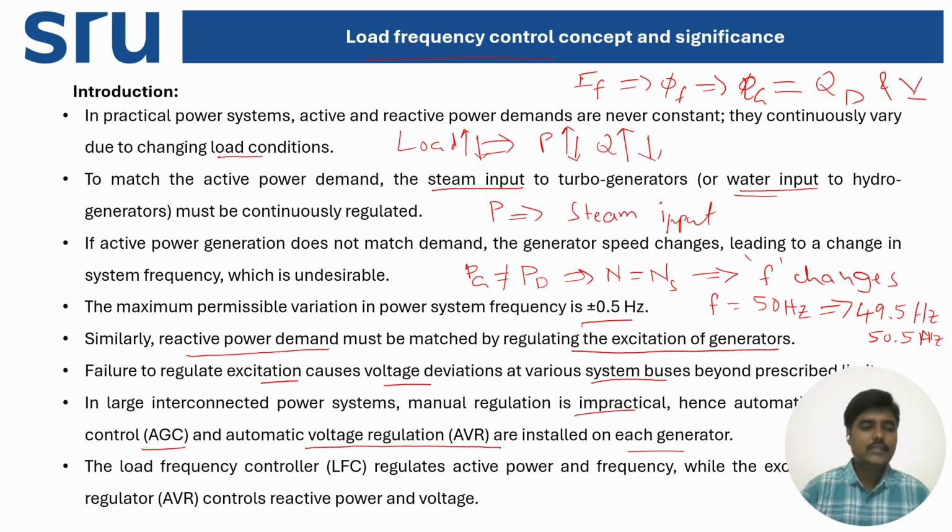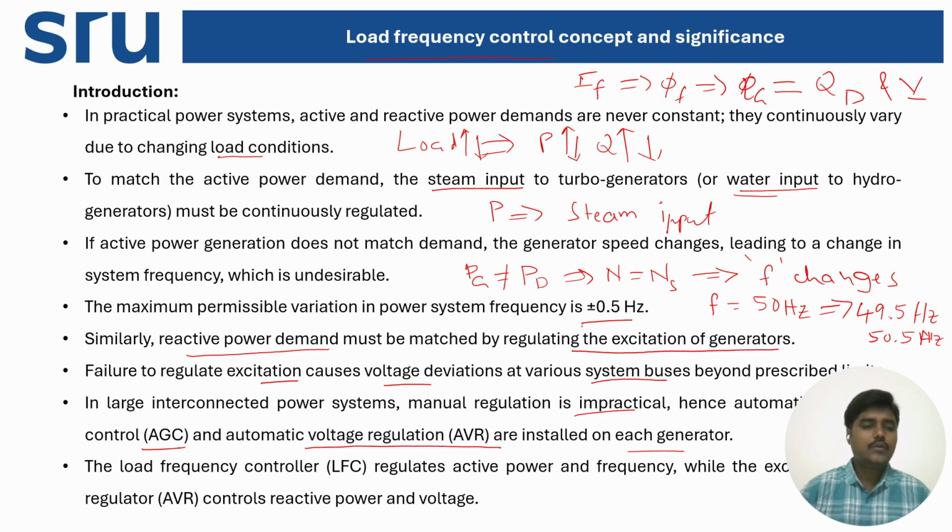Both AGC and AVR are automatic systems, so you need not do it manually. Continuously, it takes the feedback and monitors whether the desired values are there or not. If not, it takes some corrective action.